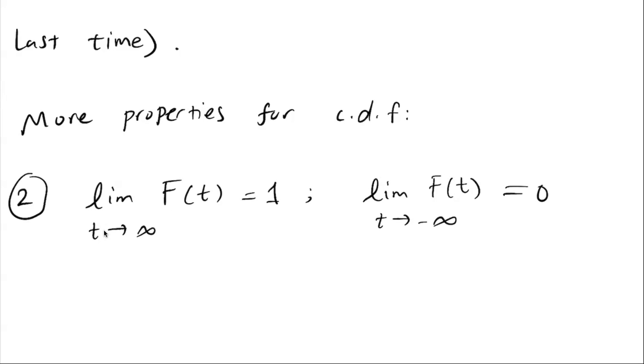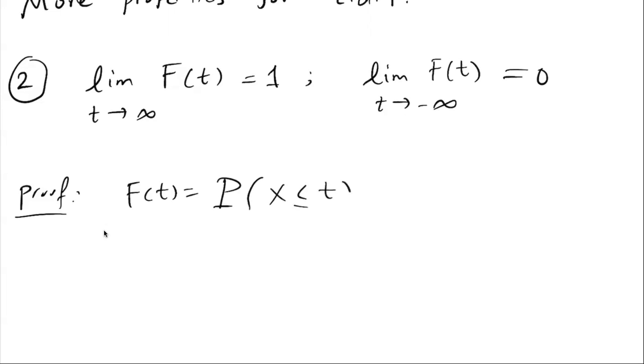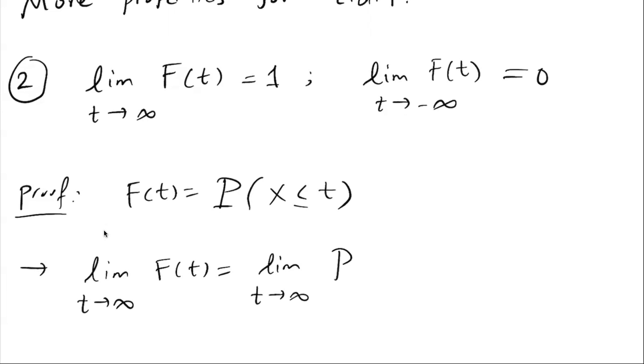This is an important property of the CDF. And why is that? Well, because capital F of t is the probability that x is less than or equal to t. So the limit as t goes to infinity of F of t is the limit as t goes to infinity of the probability that x is less than or equal to t.